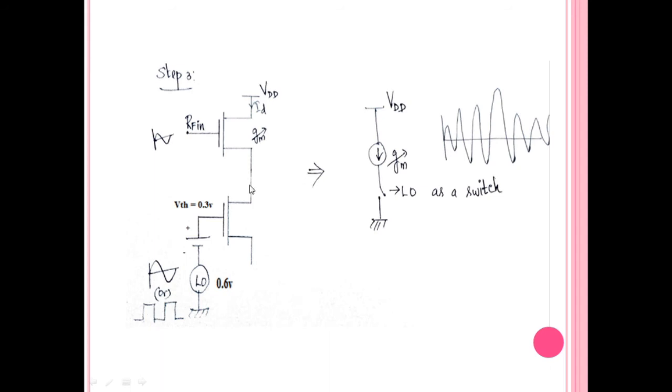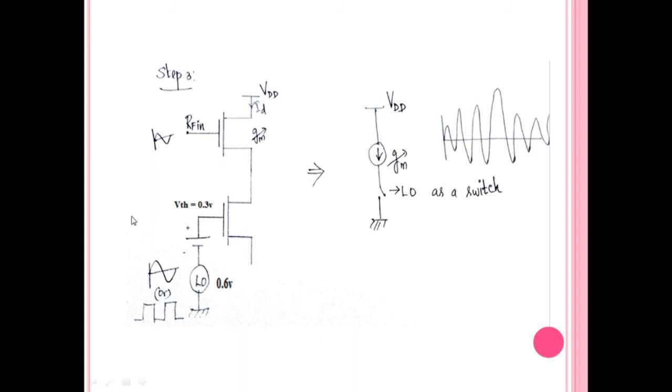Now you connect another MOS device in cascade configuration as shown in this diagram, with the DC voltage and the LO signal. Consider this LO signal as a sinusoidal one or a square wave based on the application, but in our example, consider it's a sinusoidal one, and the threshold value of this second MOS device is 0.3 volt.